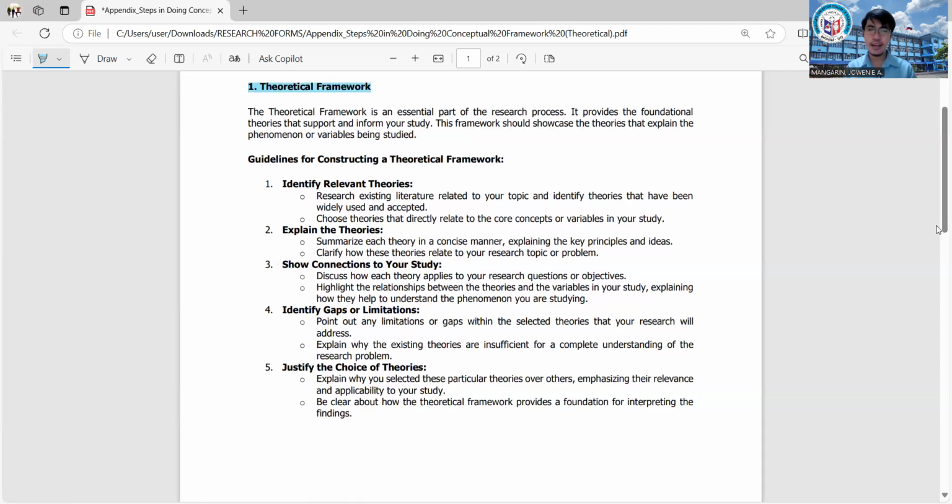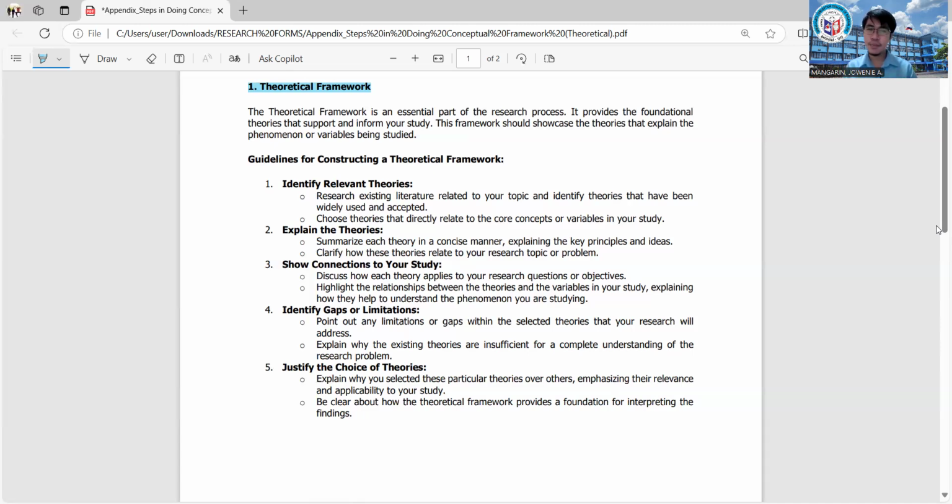It should have a significant connection or it should have a significant relevance on the problem na pinag-aaral natin. So katulad ng theoretical framework, you have to identify theories that are connected on the problem na pinag-aaralan mo.